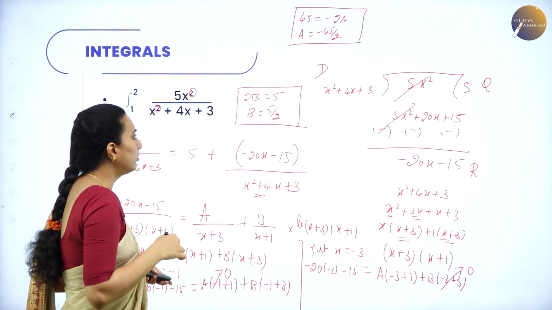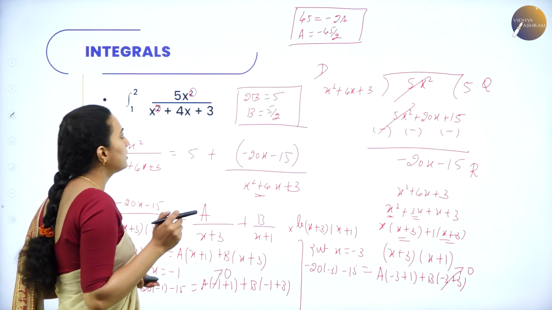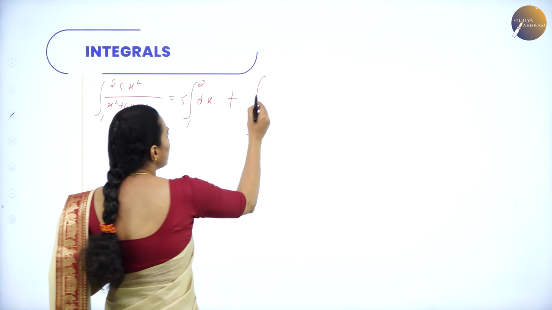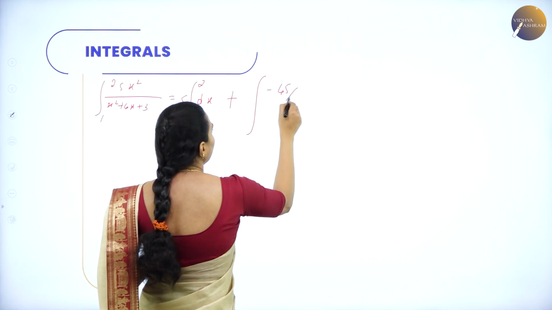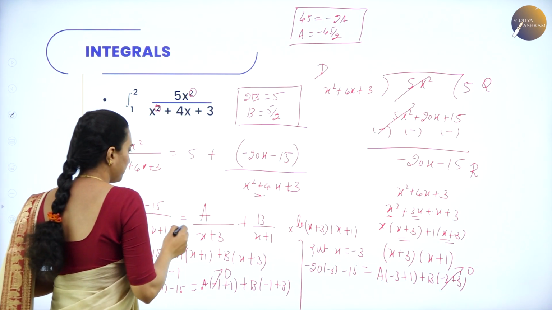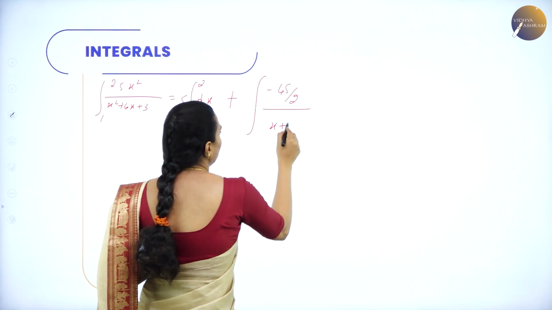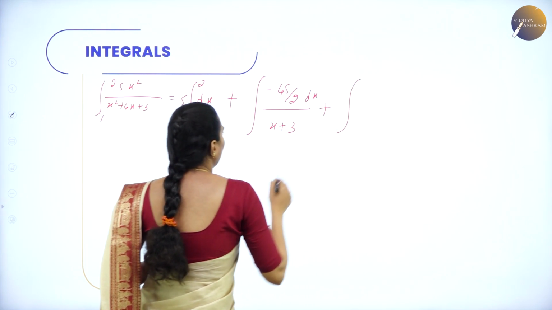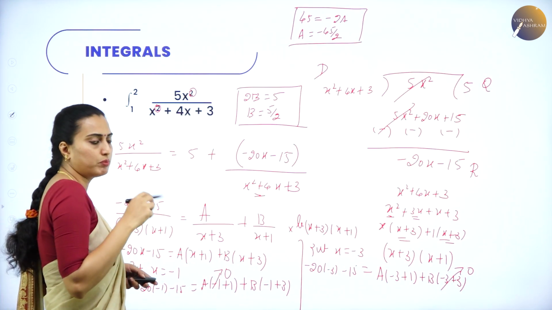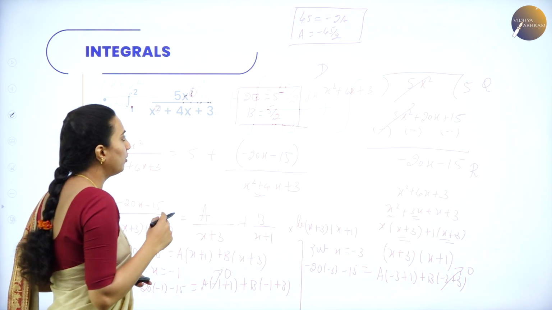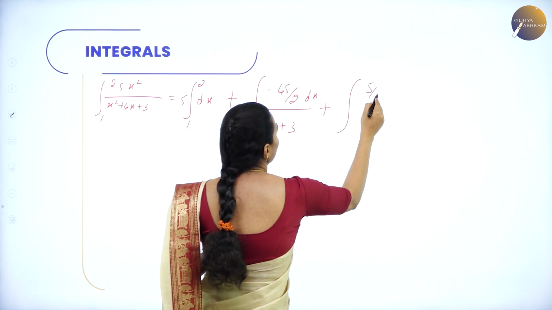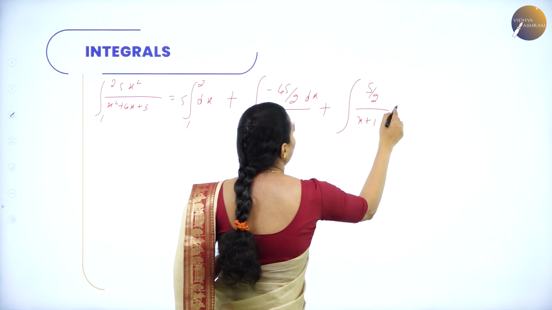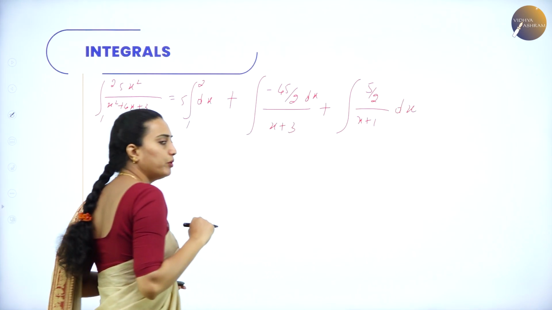The a value is -45 by 2, so -45 divided by 2 whole over x plus 3 into dx. The b value is 5 by 2 we got, so 5 by 2 divided by x plus 1 into dx. I hope you understood this one.